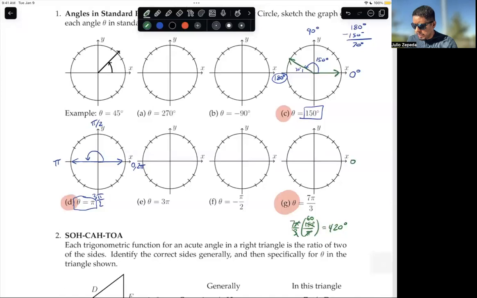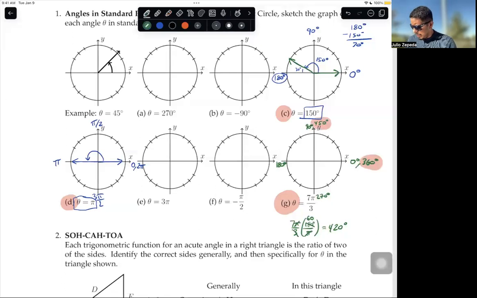We start here at 0, 90 degrees, 180 degrees, 270 degrees, and then a complete rotation is 360 degrees. If we keep going, 90 degrees more would be 450 degrees, which would be too many degrees. So our angle is going to be somewhere in quadrant 1 between 450 degrees and 360.